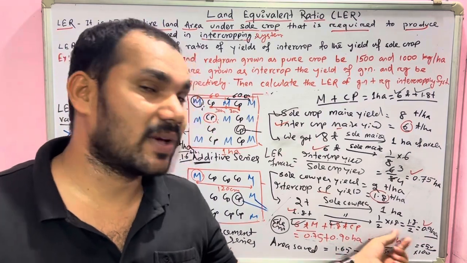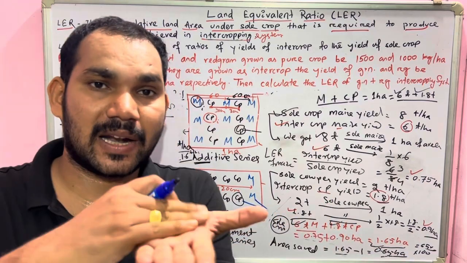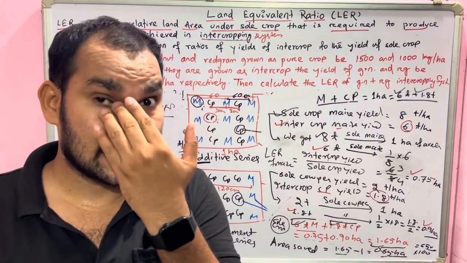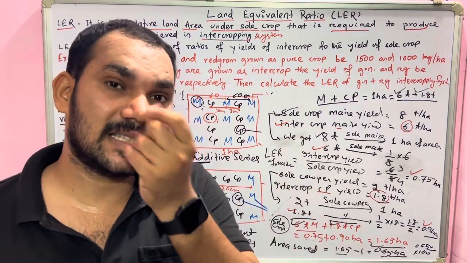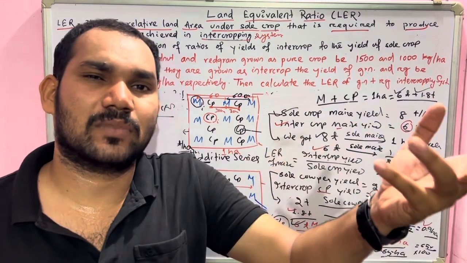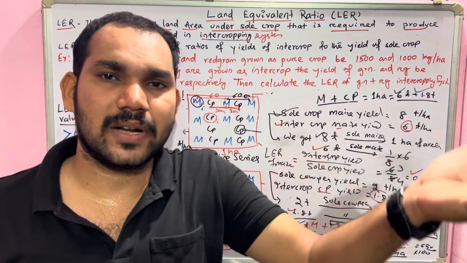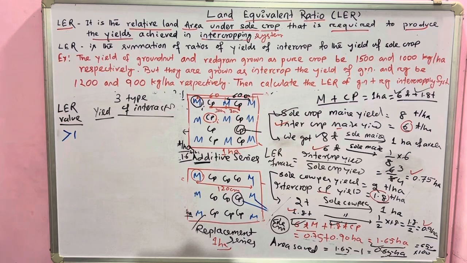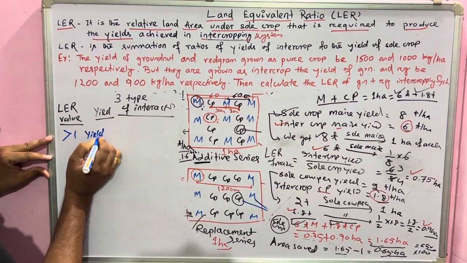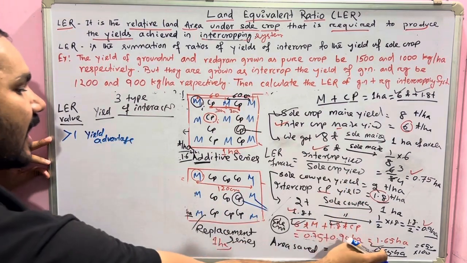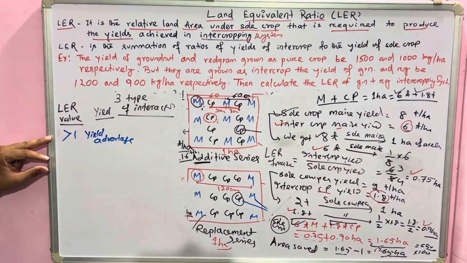From this 0.65 hectare, I can grow some other crop or the same crop, so that I will get more yield because I can use more area. So LER value more than 1 means yield advantage, yes or no? Because area is saved, from this area you can take another crop or the same crop and get more yield.